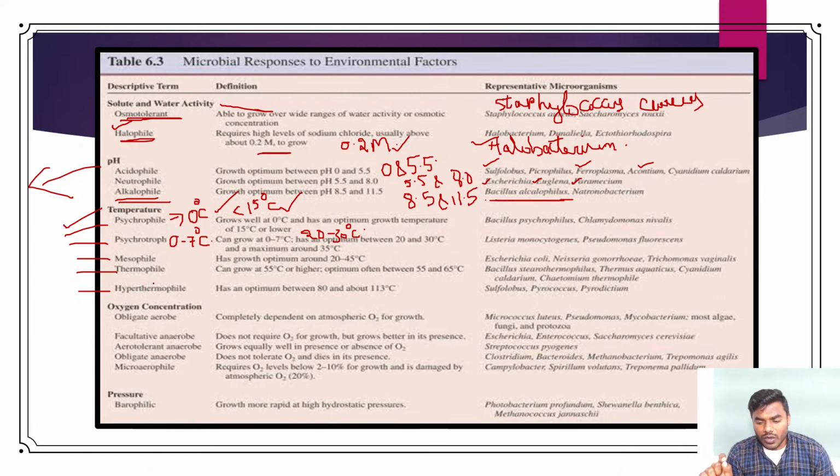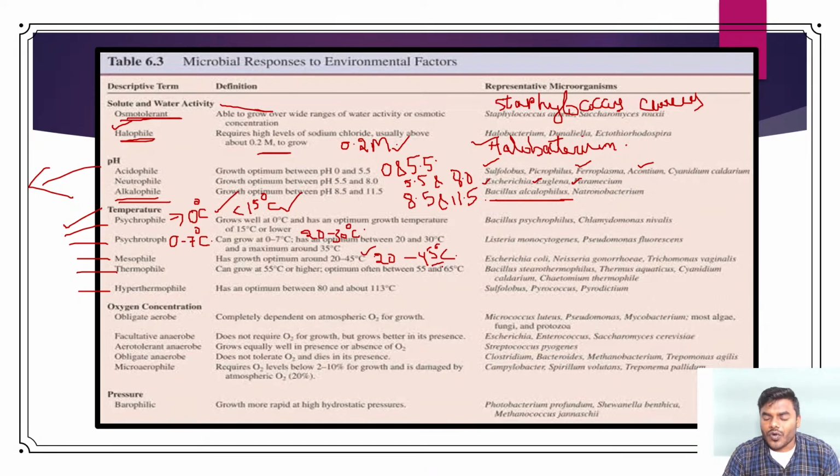Friends, the moment you hear the name mesophile, please remember, mesophiles are the type of bacterium that can also adjust like humans. What I mean to say, let's consider ourselves. We can't survive for a longer time if the temperature is below 20 degrees centigrade. We can't adjust for very long. I am using the words very long time.